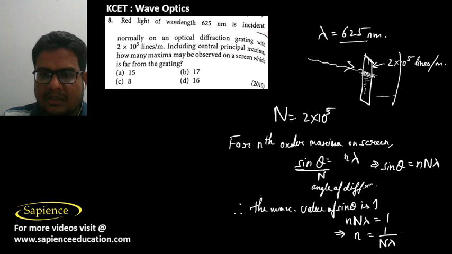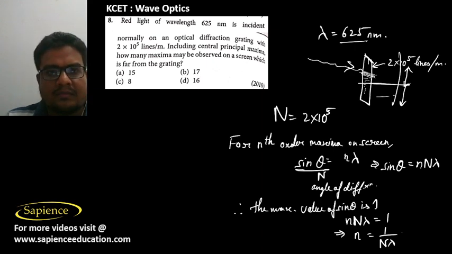So these many maxima will be formed from the central maxima on either side, excluding the central maxima. So it means here also n number of maxima and here also n number of maxima will be formed, excluding the central one.